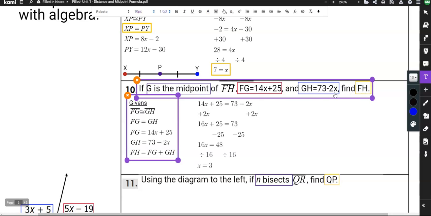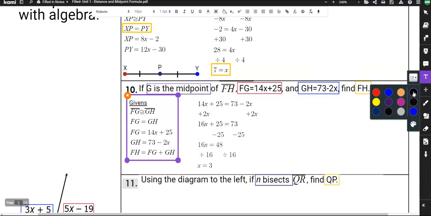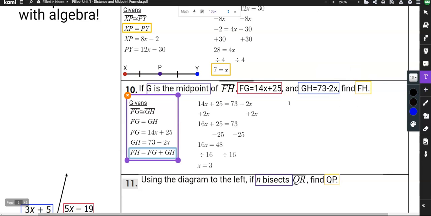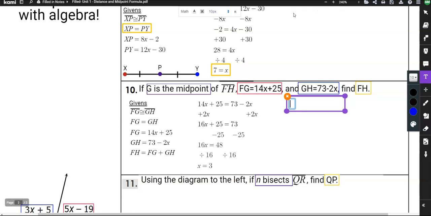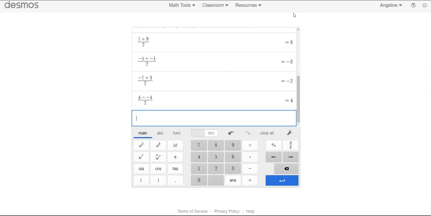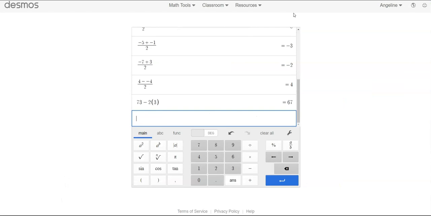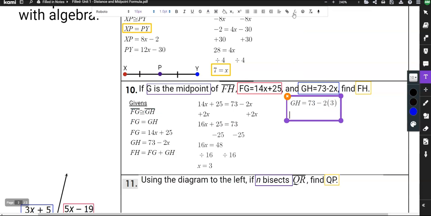So I'm going to go ahead and do GH, which is 73 minus 2x, where x is 3. And 2x is going to be 6, because 2 times 3 is 6. And we get 67.